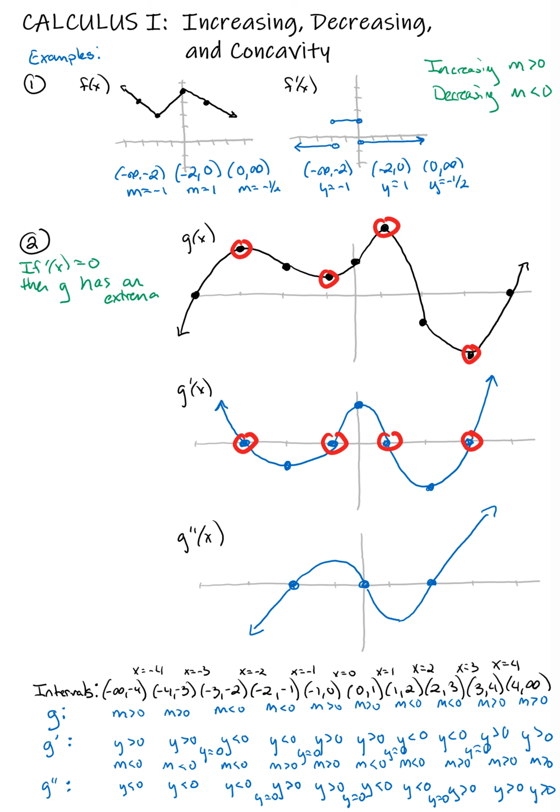Also in between those, if, oh, those are F's. If G prime is equal to 0, then G has an extrema. If G prime is negative, then remember G decreases.